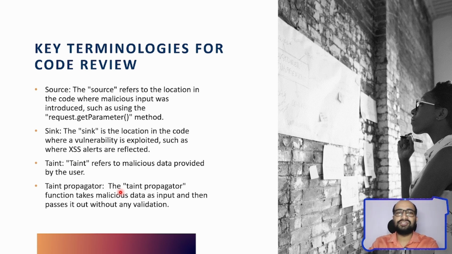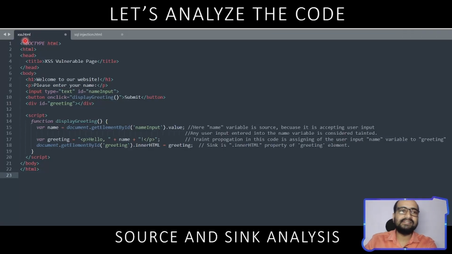So let's see these terminologies at the code level. You can see here I have an HTML form with a name input. Once the user gives their name in that input field, which is of type text, and submits, it triggers a script function named displayGreeting.